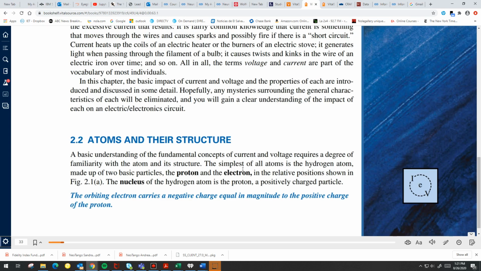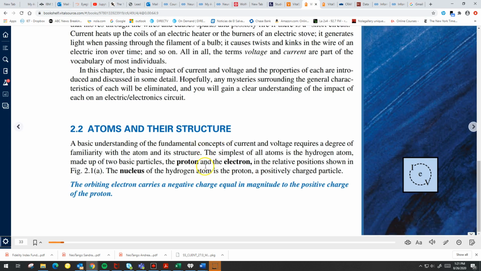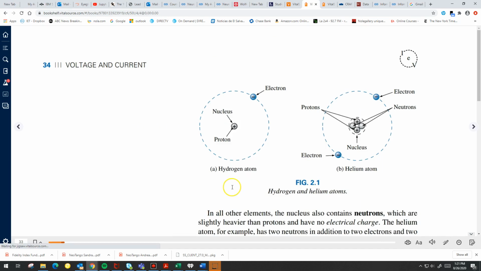Well, to understand a little bit of that, we need to go down to the atom level and remember what an atom is. If you remember from your physics or chemistry courses in high school or in college, an atom is basically formed of two parts, a proton and an electron. The proton is the positive component of the atom, and the electron is the negative component.